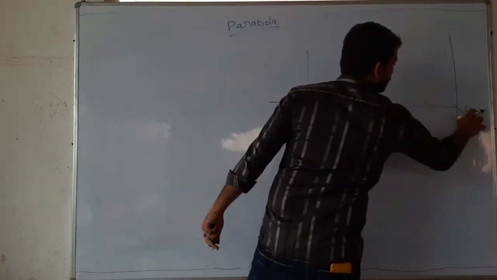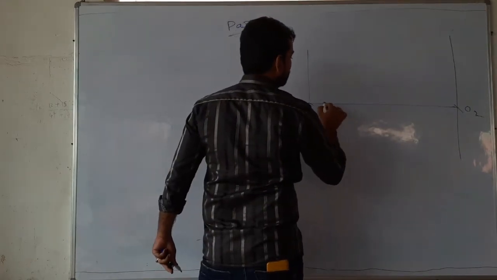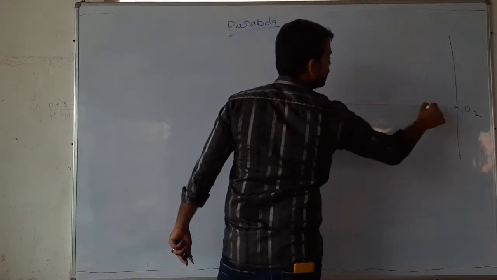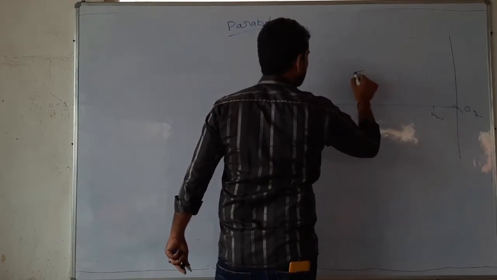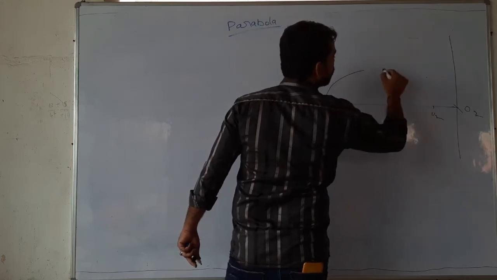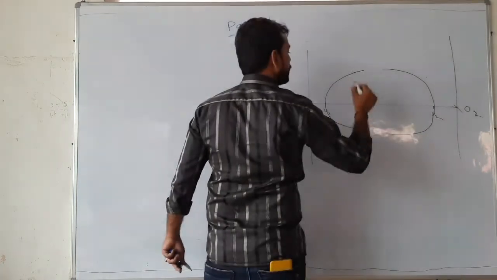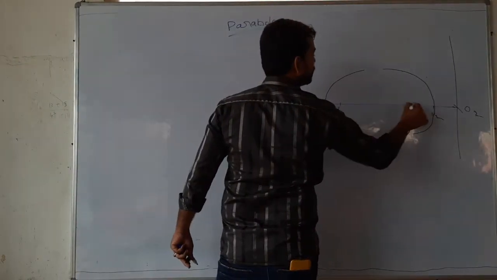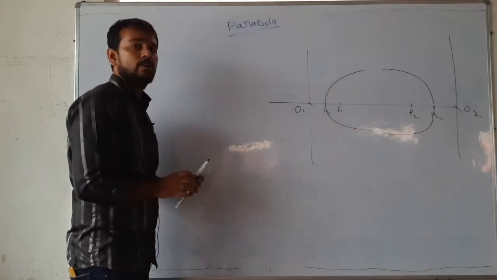This is O1 and this will be O2, and this is V1 and this is V2. Here it will be F1 and here F2. Okay, so this is how a parabola looks.